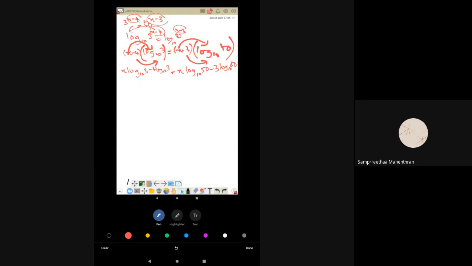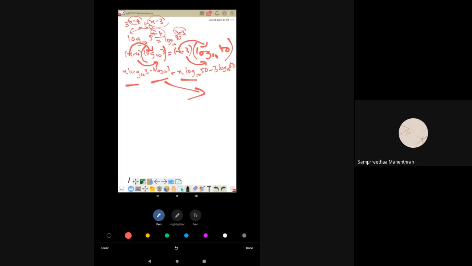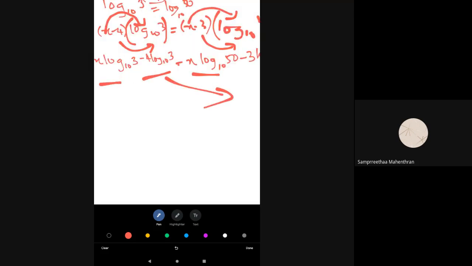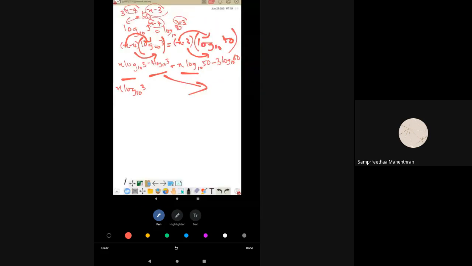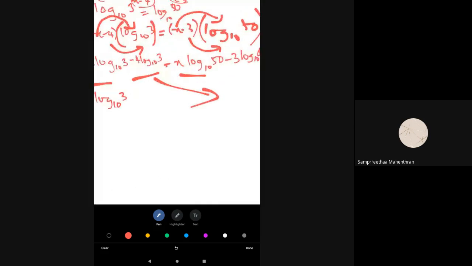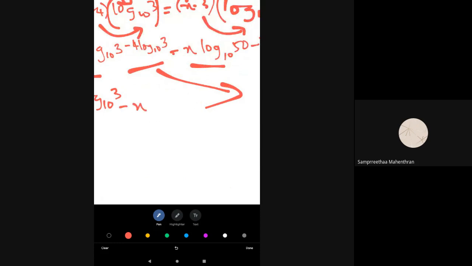Okay. So next, we have x on the left side and x on the right side. The x term we bring to the left side, and the term with no unknown we bring to the right side. So it will be x log 10 3, and we bring this one to the left side, it will be minus x log 10 50.